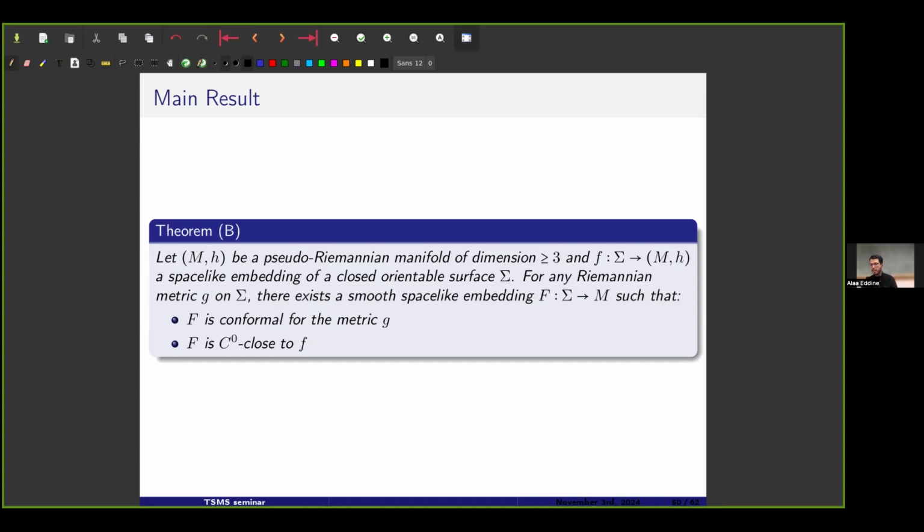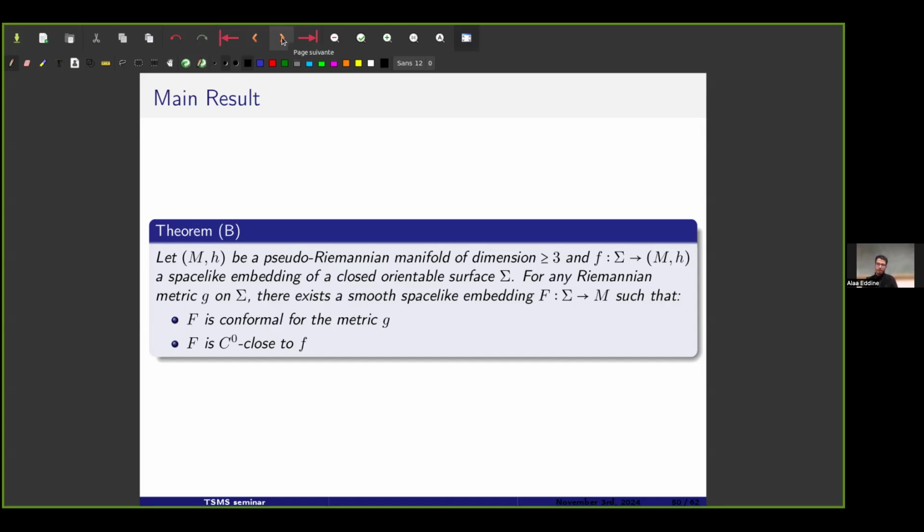Then for any Riemannian metric, you can find a smooth, necessarily spacelike embedding which is conformal for the metric G, and which is C0 close to the first embedding. Here I mean, put any Riemannian metric on M, and we can find a conformal embedding C0 close to the first one for this Riemannian metric. It doesn't matter.